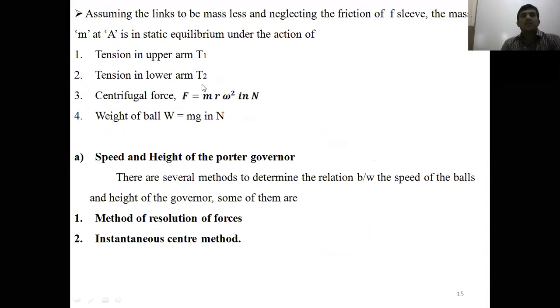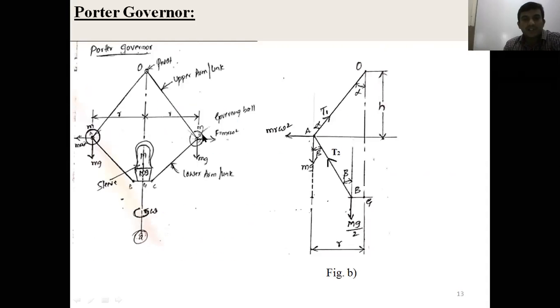Now, suppose the governor mass is in an equilibrium condition, static equilibrium. What are the forces acting on the governor ball? One is a tension T1 on the governor ball.